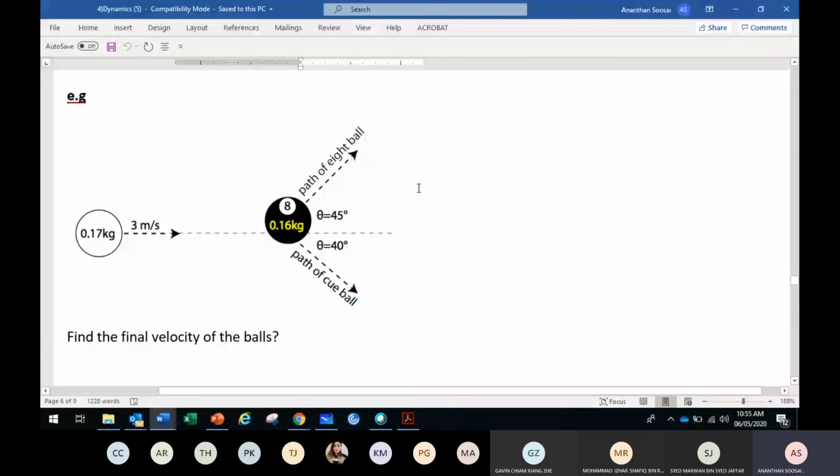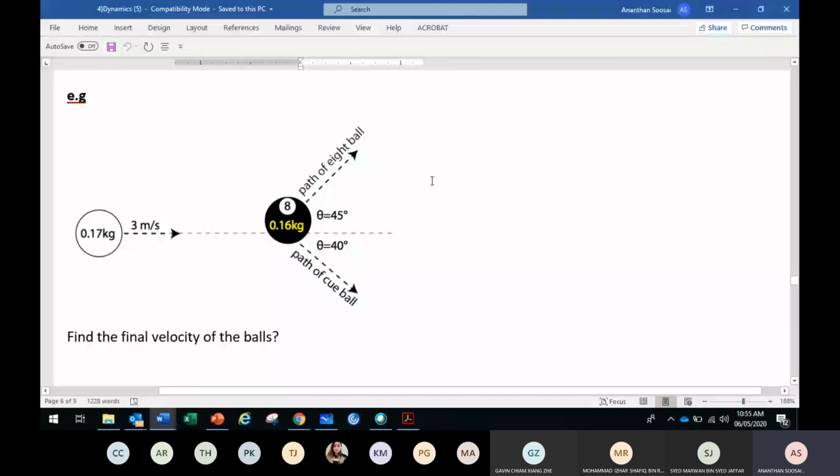Let's see which one is correct and how many of you get the same answer, then we discuss from there. Write a clear working: the momentum in the x-axis, momentum in the y-axis, then solving.